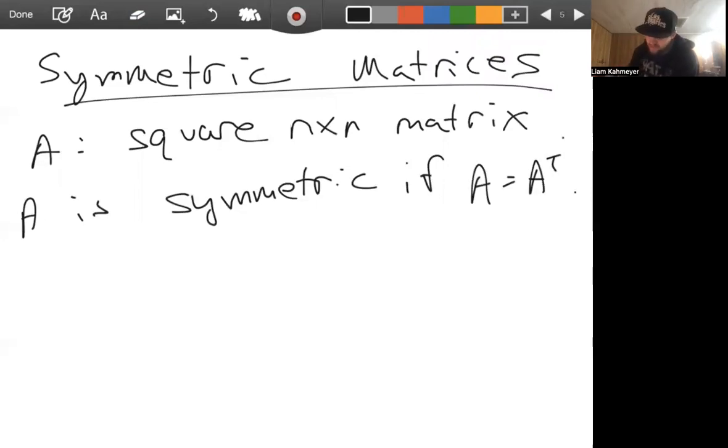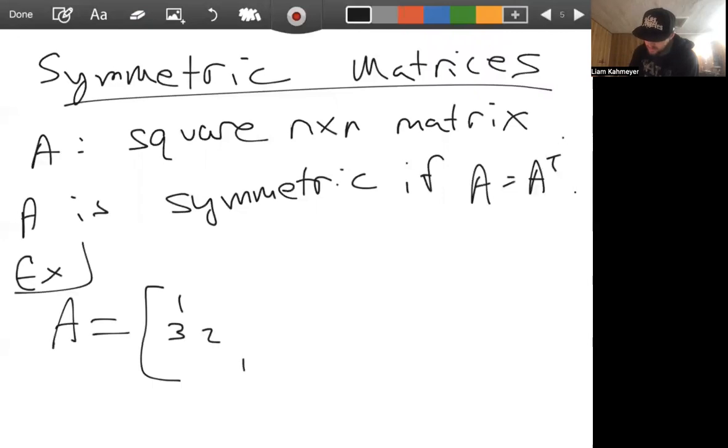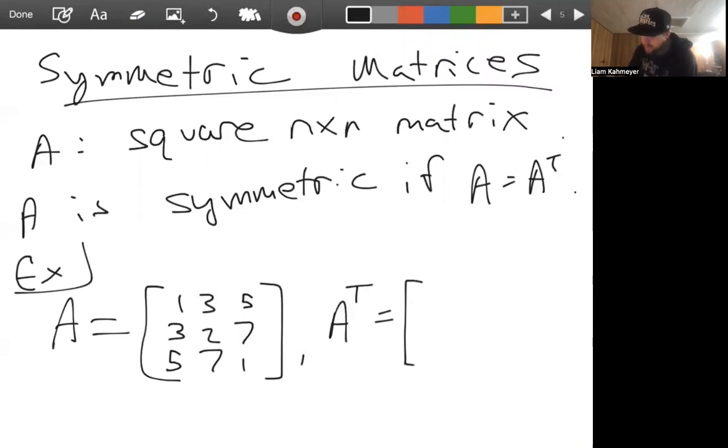So let's look at a quick example. Let A be 1, 2, 1, 3, 5, 7, 3, 5, 7, like this. If you were to compute A transpose and swap rows for columns, what would you get? You would get 1, 3, 5.